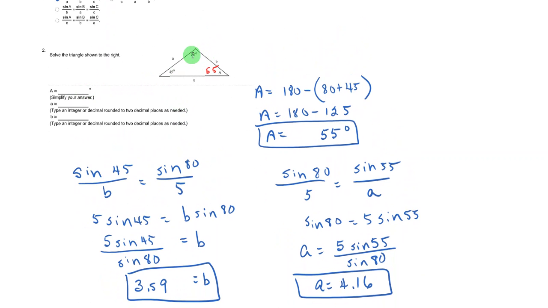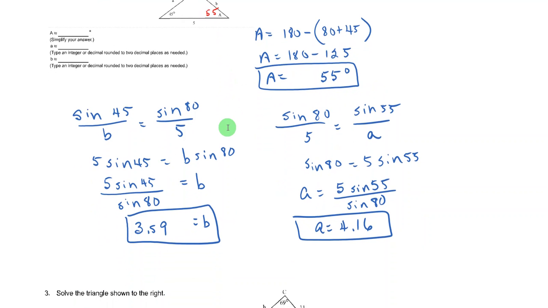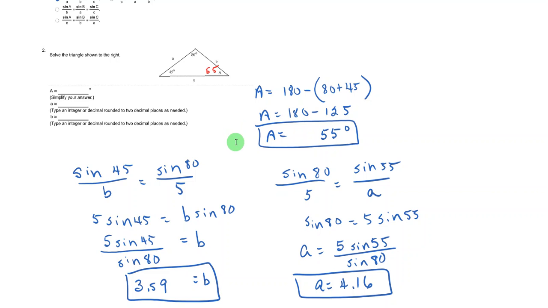So in the picture, you're given that angle up here is 80 and this one's 45. And you're given this side that's opposite the 80. So it's easy to find angle A. We will do 180 minus the sum of the two angles that are given, and that would give us 55. So I wrote 55 in here in red. Then we use the law of sines to find the missing sides.